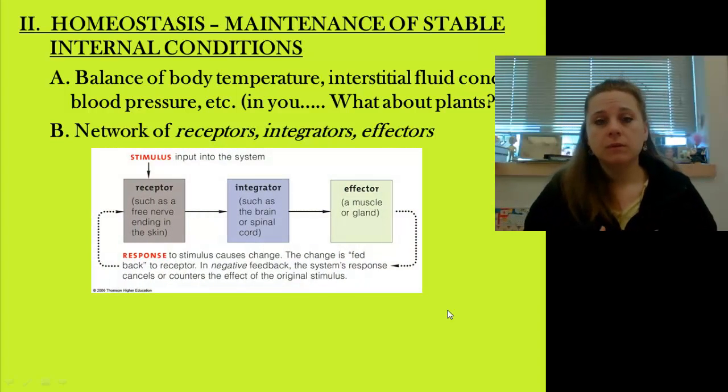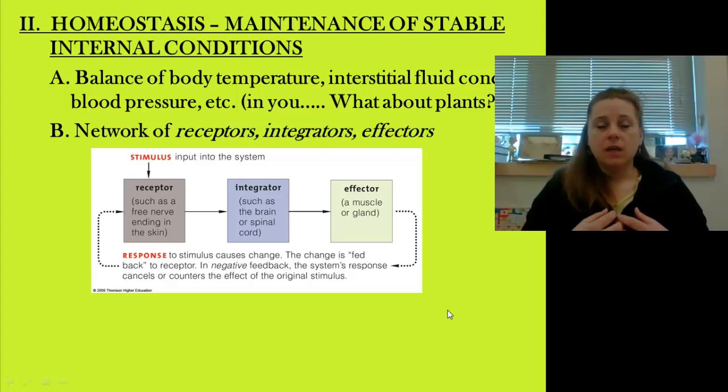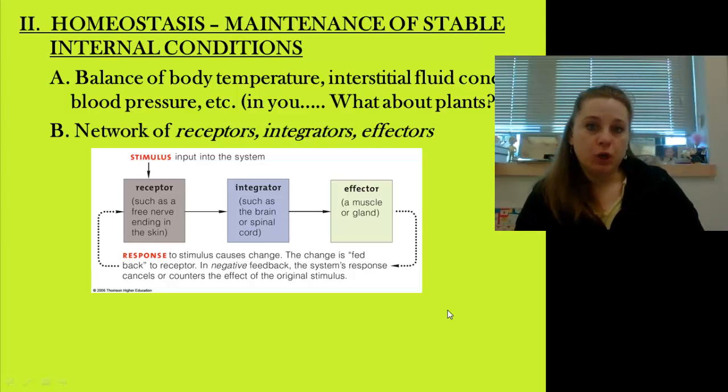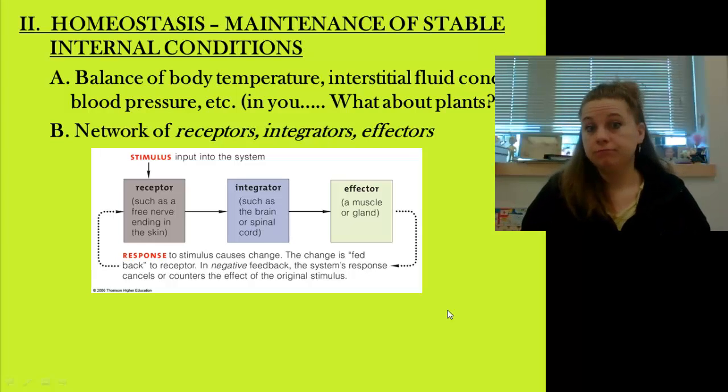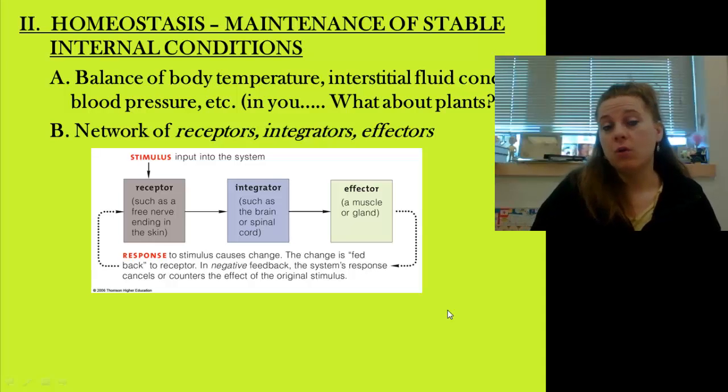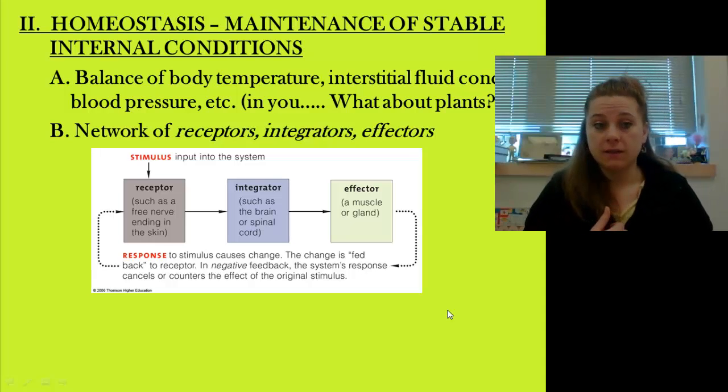All right. Everything that happens is the direct result of some form of external stimulus, okay? You walk outside on a really cold day, temperature drops. That is an external stimulus. Your body is going to have to register the fact that the temperature is really cold, and how is your body going to respond to that? So we can look at this in general terms.